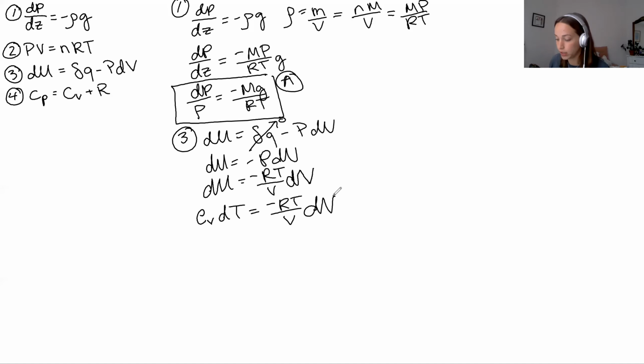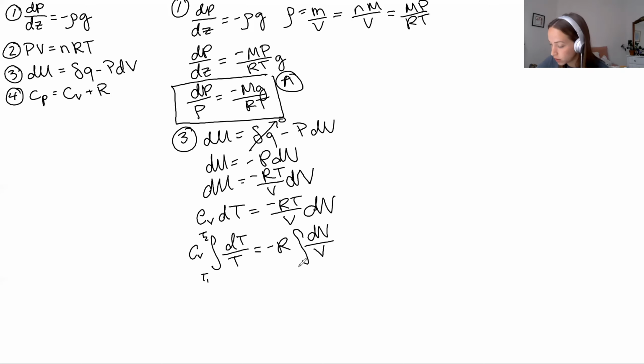All right, so from here, we're just going to integrate. So I'm going to divide both sides by T so that we have dT over T, and our specific heat is going to be a constant. And obviously the ideal gas constant is also constant. So then we have this. On the left-hand side, we're integrating from some initial temperature T1 to a final temperature T2. And on the right-hand side, we're integrating from some initial volume V1 to a final volume V2.